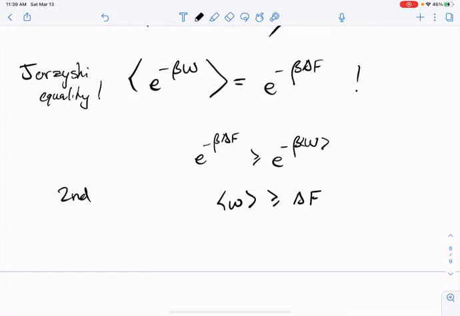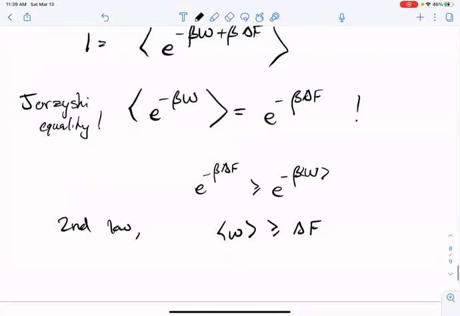That's another statement of the second law, that I always have to do more work than is required to see a transition in a finite amount of time. So again, encoded now in the statistics of trajectories is an equality that holds arbitrarily far from equilibrium, for arbitrarily large perturbations, for arbitrarily swift perturbations. There's no constraints here on what lambda of t is.